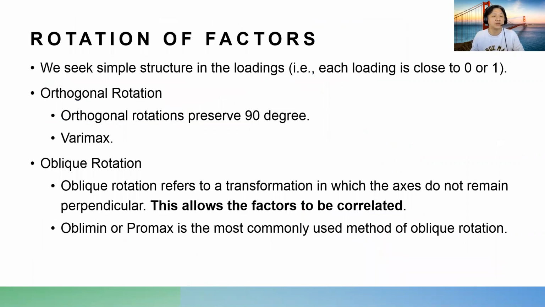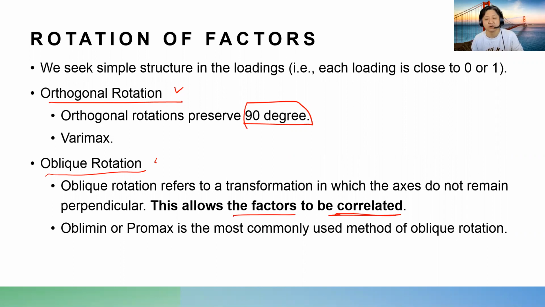Okay, so we have two different types of rotation. The first one is orthogonal rotation. Orthogonal rotation preserves 90 degrees. It keeps factors perpendicular, whether two, three, or four factors. But oblique rotation allows the factors to be correlated with each other.